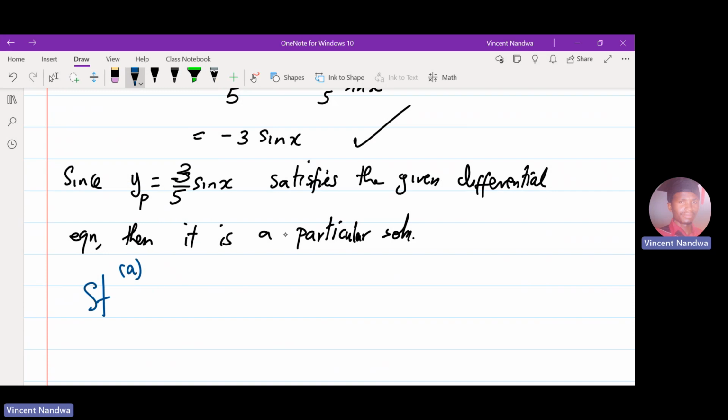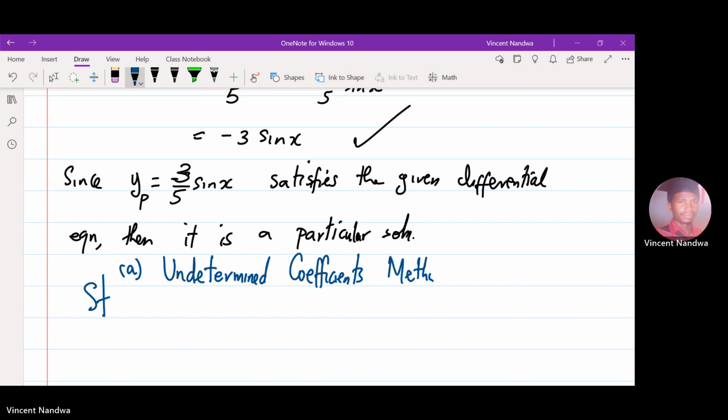Okay, so the first method, undetermined coefficients. Steps on how to solve.